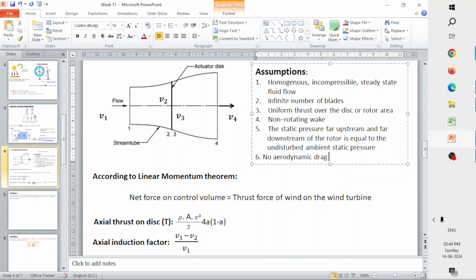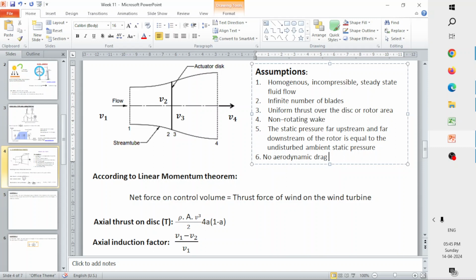If you see in your practical applications, having an infinite number of blades is impossible, because for a multi-bladed system itself, we have only 12 to 20 blades. So an infinite number of blades is actually not possible in practical situations. When there are infinite number of blades, the loss of energy, the tip loss, was actually neglected.